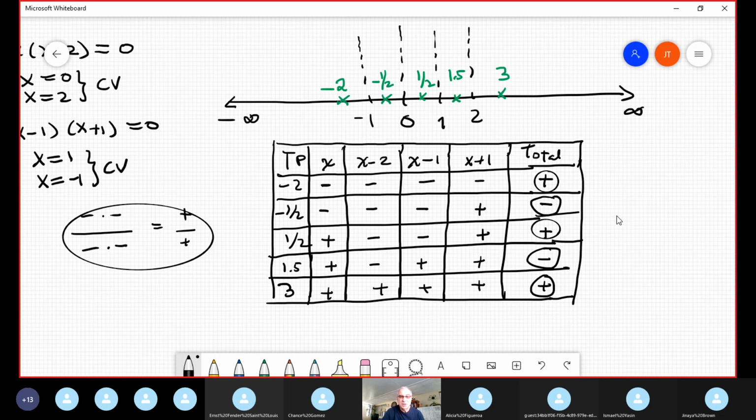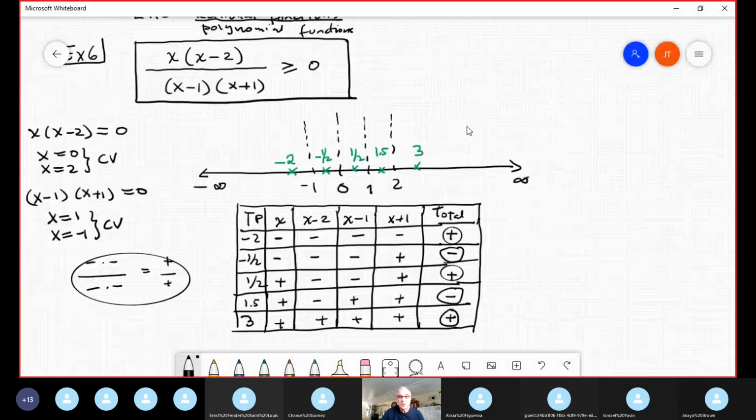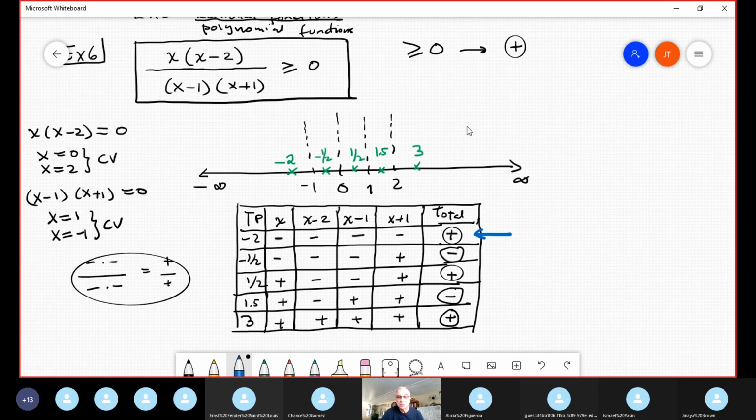I come back to the beginning because I don't remember very well my original inequality. My original inequality again is greater than or equal to 0, which is synonymous with saying positive. The true statement is this. True, true, and true. So basically we have 3 intervals.